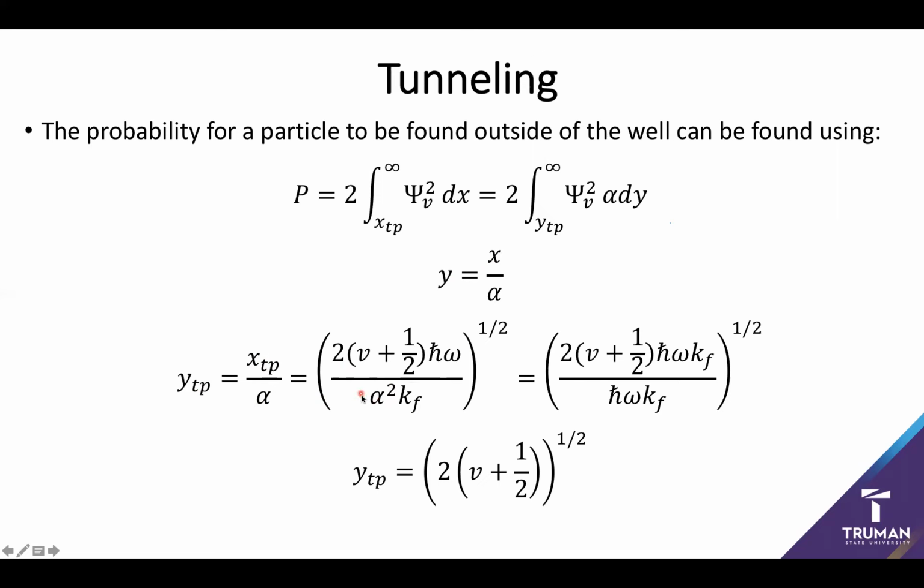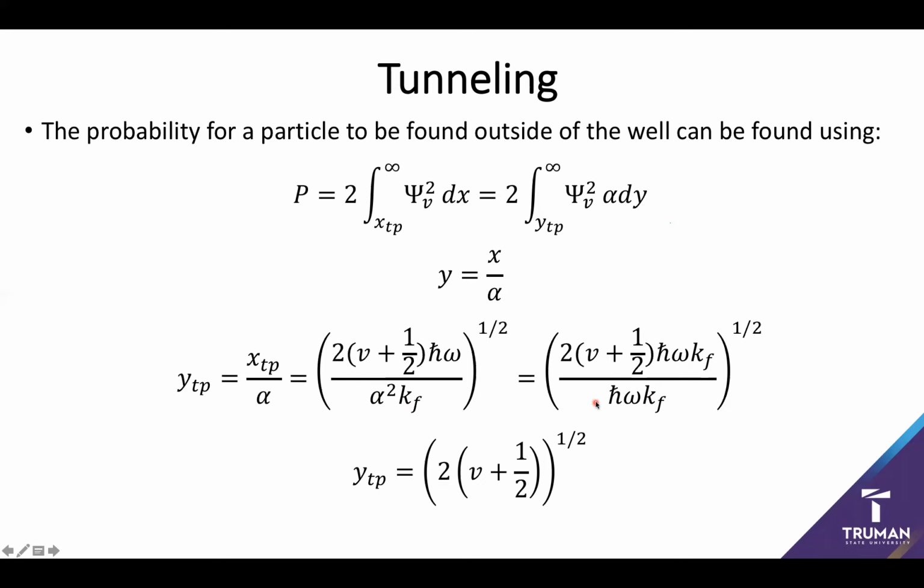Now, one of the reasons why is we can then turn this alpha into, in terms of vibrational frequency over kf, and then we can watch essentially all the chips fall as a lot of features start canceling out.